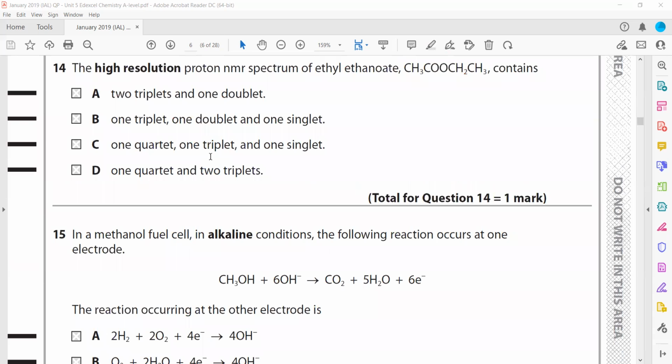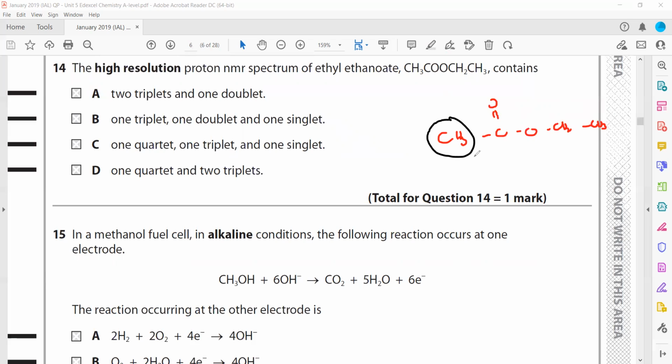High resolution NMR spectrum of ethyl ethanoate contains what? So how to identify? First, the number of peaks. Ethyl ethanoate is CH3, C double bonded with O, O, CH2, CH3. Now three hydrogen environments are there. This CH3, how many neighbors are there?